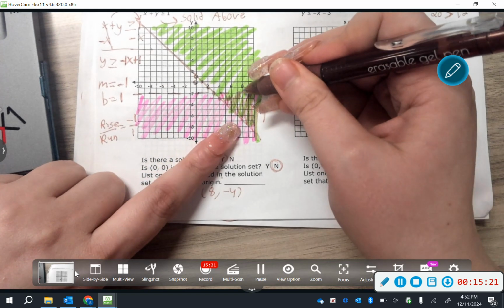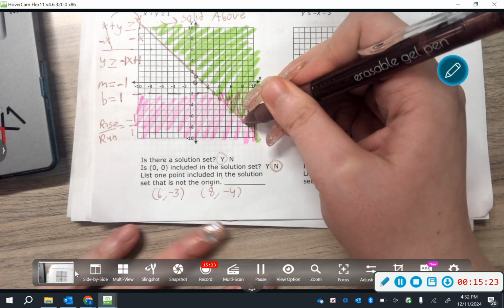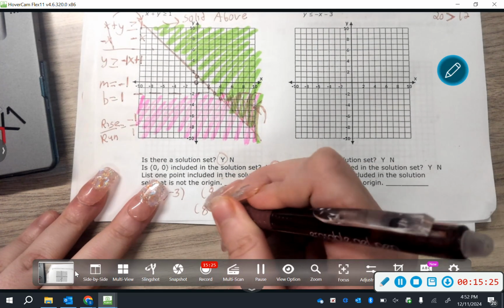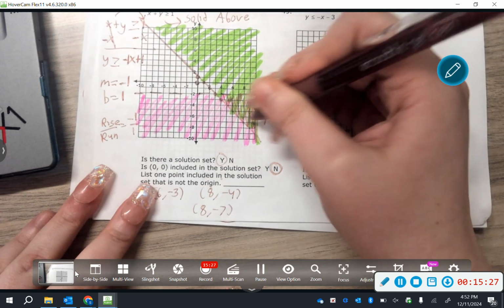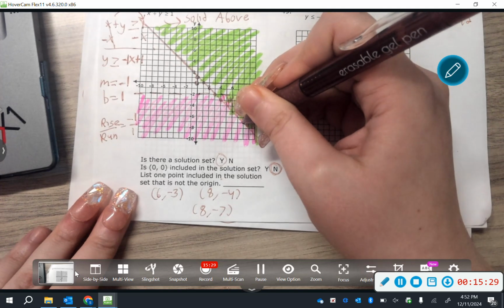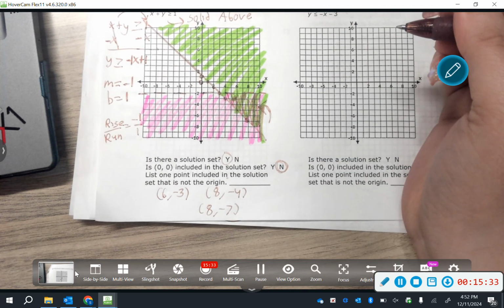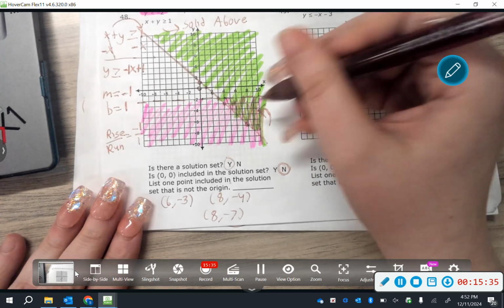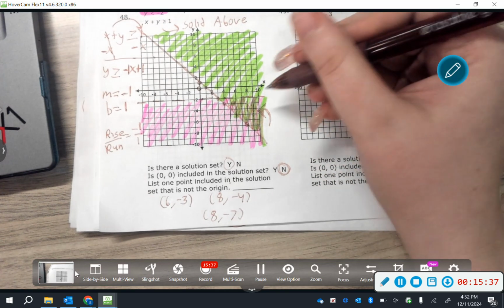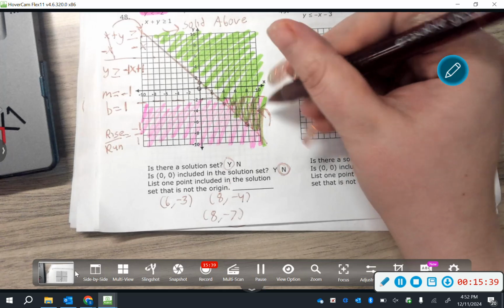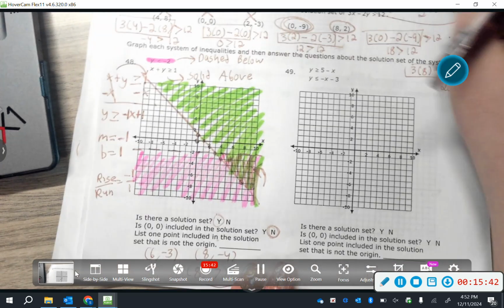So for example, 8, -7 would also work, because even though it's not exactly in the double shaded area, it is on my solid line next to the double shaded area. So don't give me a dot that is on the dashed line. It has to be in the double shaded area. You cannot touch a dashed line.